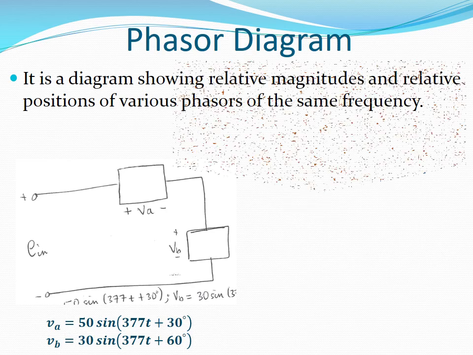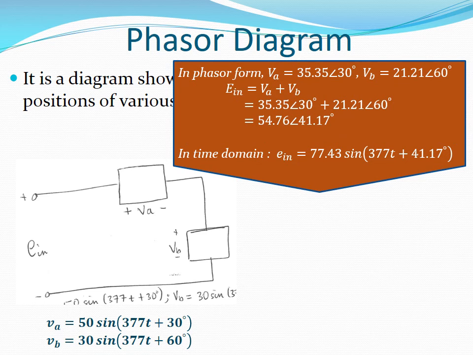In phasor form, the voltages VA and VB are 35.35 at 30 degrees and 21.21 at 60 degrees respectively. The input voltage is the sum of the two voltages VA and VB because this is a series circuit.